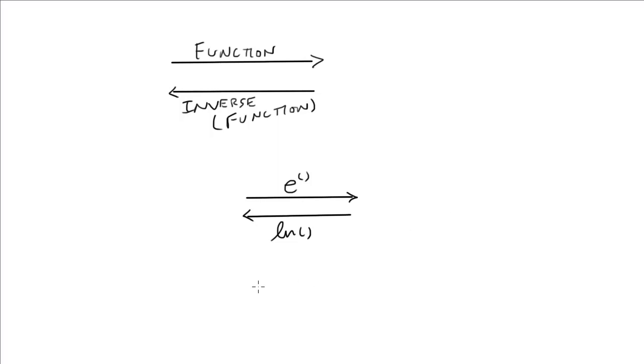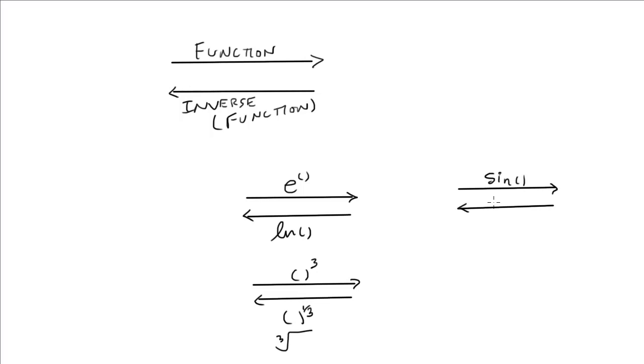We have a power and its inverse, a reciprocal power. Cube root is related to but not the same as this. Sine is undone by arc sine. Cosine is undone by arc cosine.